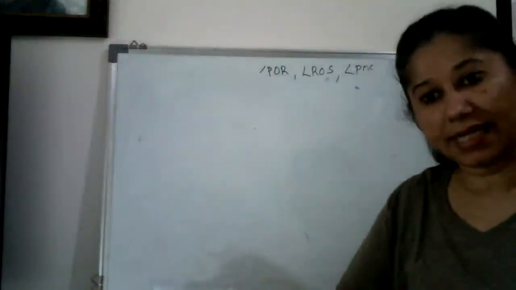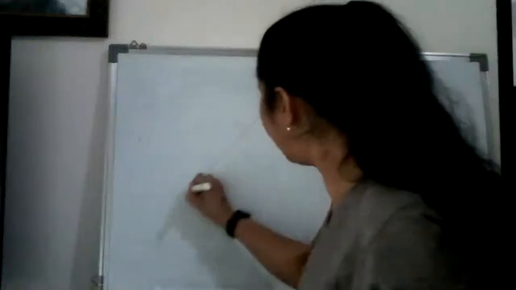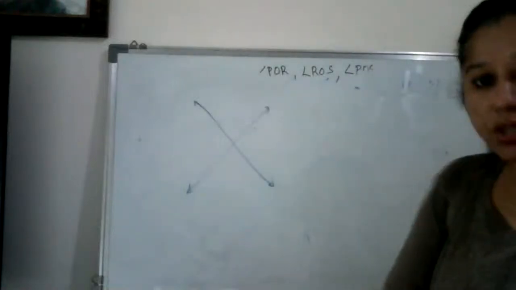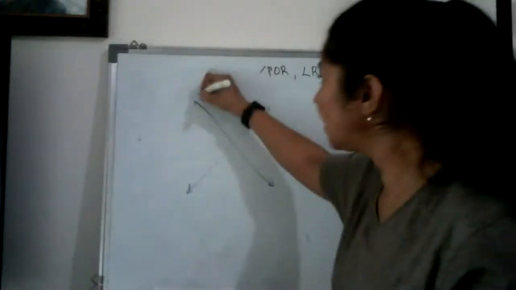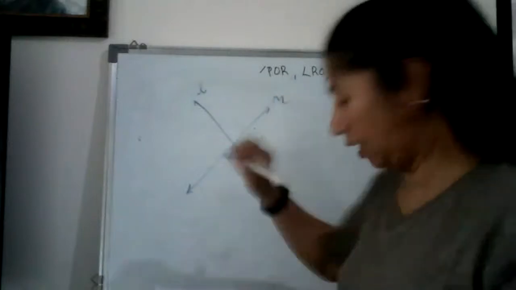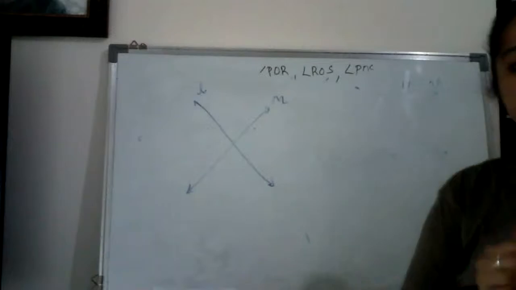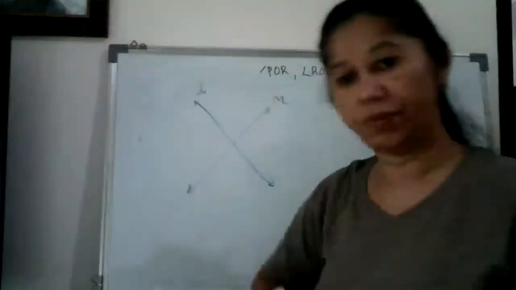To the other part which we have already seen, drawing of two lines. When I draw two lines, what kind of lines do I get? One is parallel and the other is intersecting. So if I draw intersecting lines, when we draw two intersecting lines, say these are lines L and M. As I've already discussed with you, lines can be named with a small letter, right?